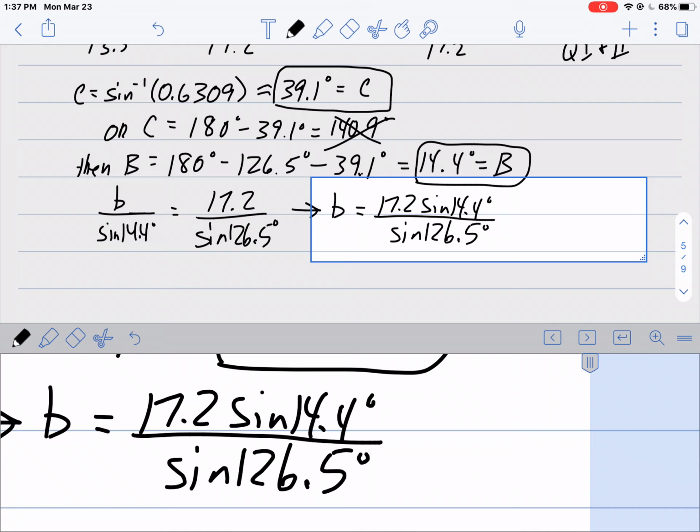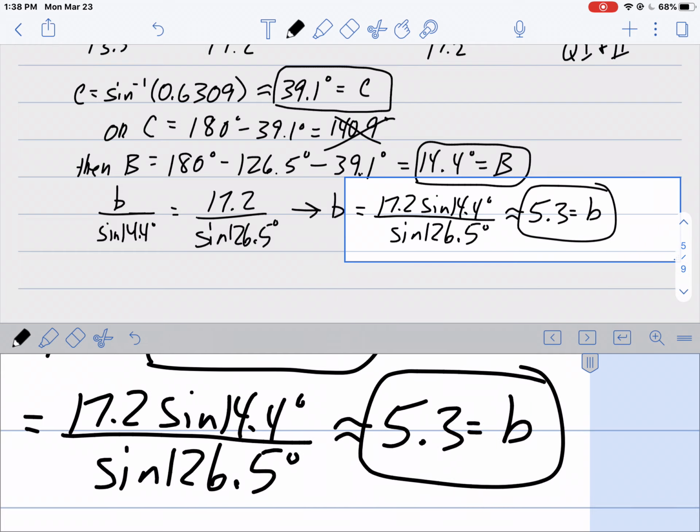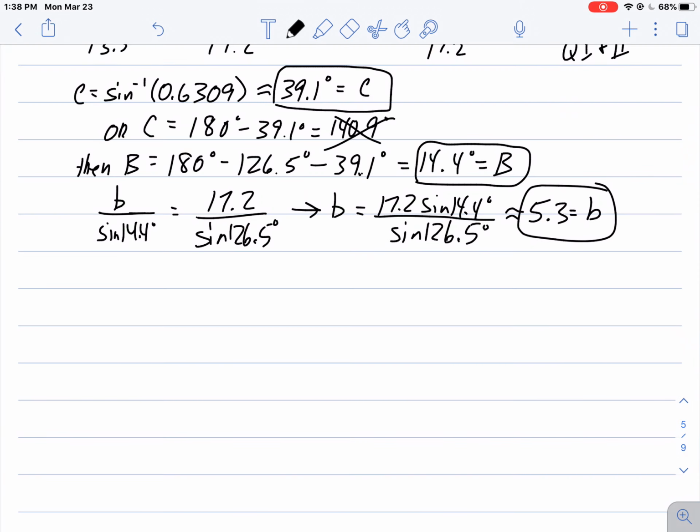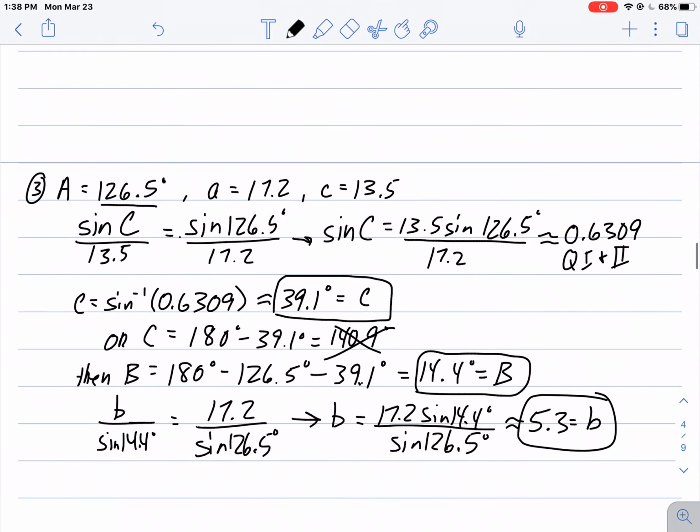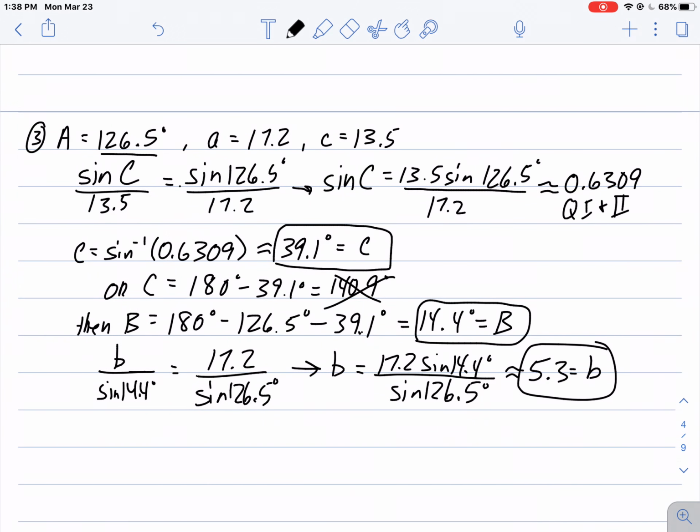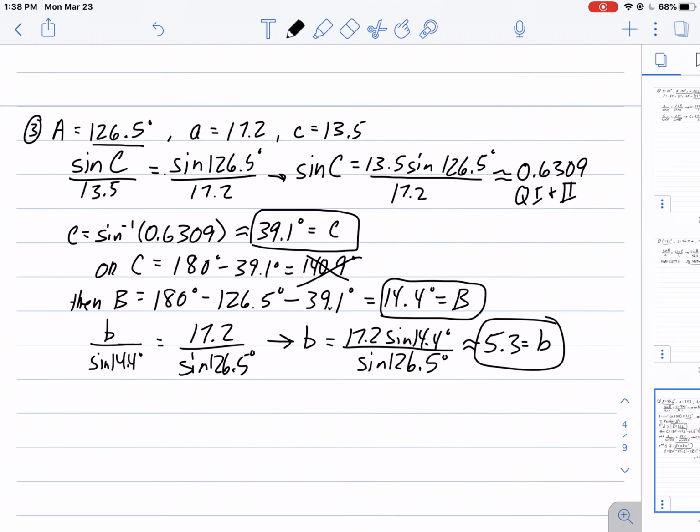And that would give you approximately 5.3 for the length of side B. Okay. Yeah, so that's the SSA case. That's the tough one. You have to be careful there. And as I said, if you watch the numbers as you are doing the calculations, it'll tell you how many possible angles can be formed, and then how many possible triangles, whether it's 0, 1, or 2.